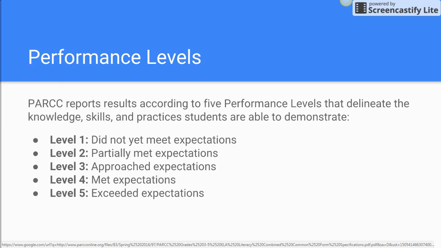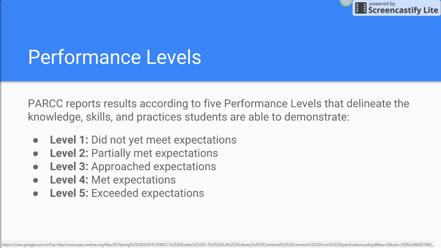This overall scale score determines students' performance levels. Each performance level is a broad level defined by a student's overall scale score and is used to report overall student performance by describing how well students met the expectations for their grade level or course. There are 5 performance levels for PARCC assessments.